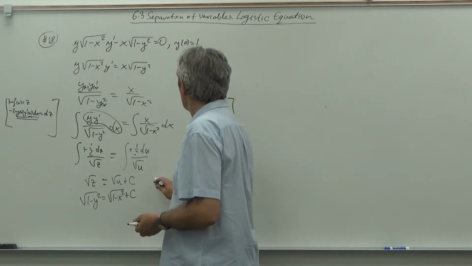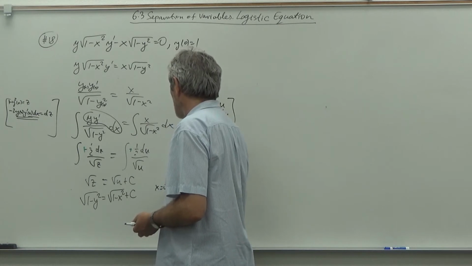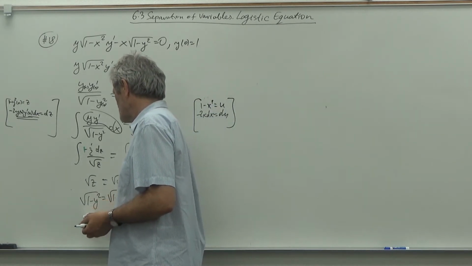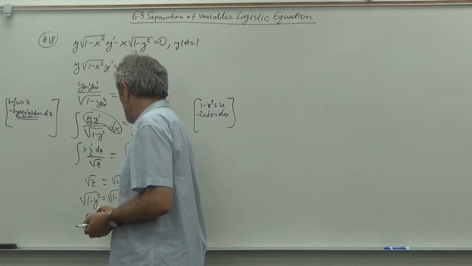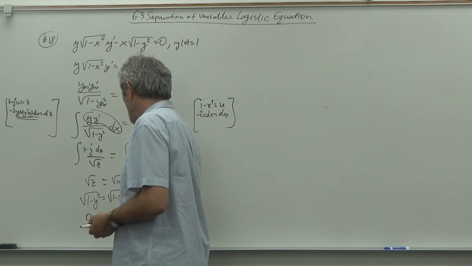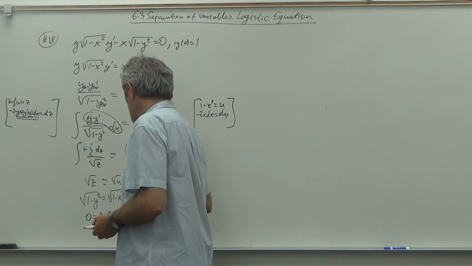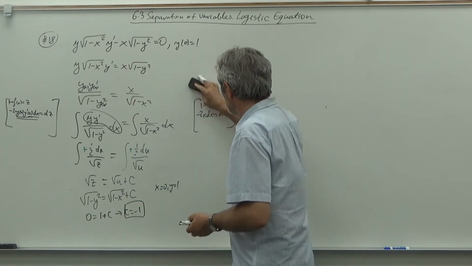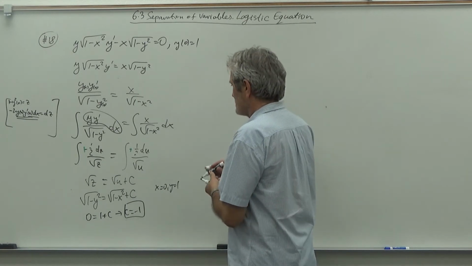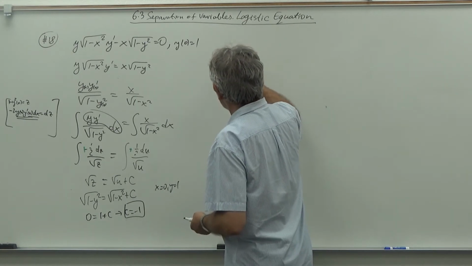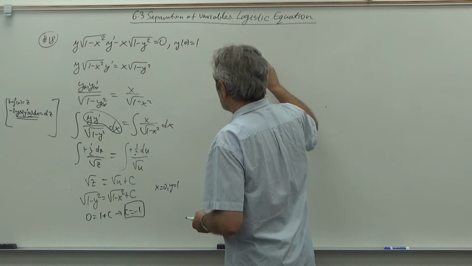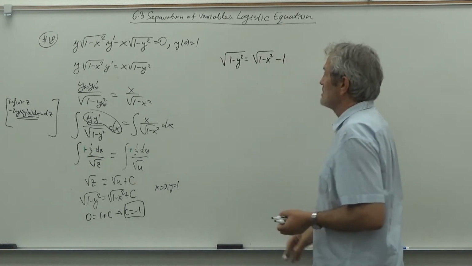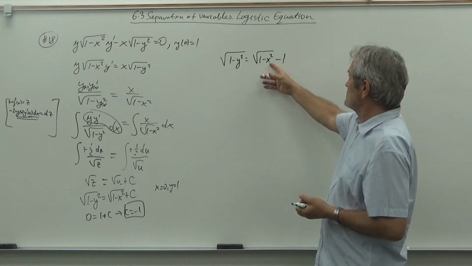So when we plug x to be 0 and y equals 1, here's what we get. 1 minus 1 is 0, so we get 0 equals 1 plus c. So from here, c is negative 1. So our solution now looks like this: the square root of 1 minus y squared equals the square root of 1 minus x squared minus 1.